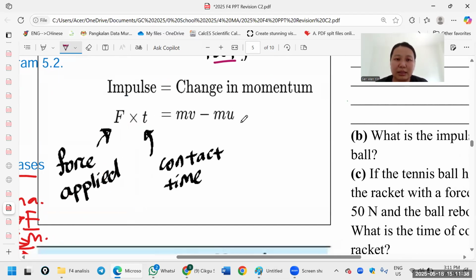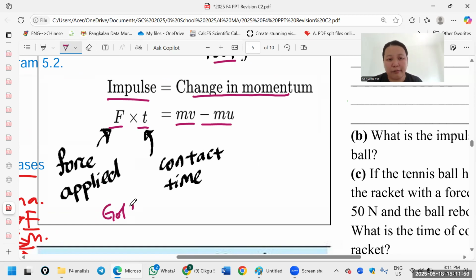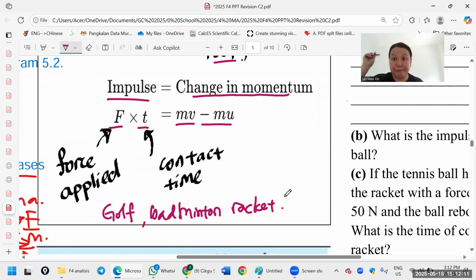Okay, so now, what is impulse? Impulse is F times t, the change in momentum, mv minus mu. Normally we use force times contact time. When will we use it? For example, golf, or a badminton racket.